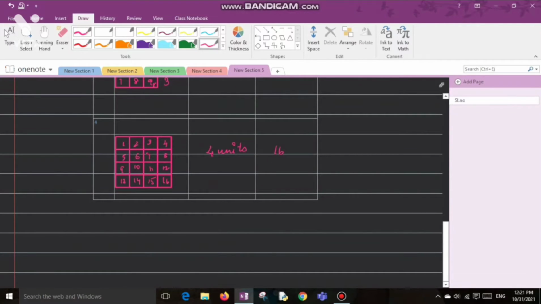So here in the fourth figure, 4 units is the length of the square and 16 unit squares are used. Now these 1, 4, 9, 16 are unit squares.